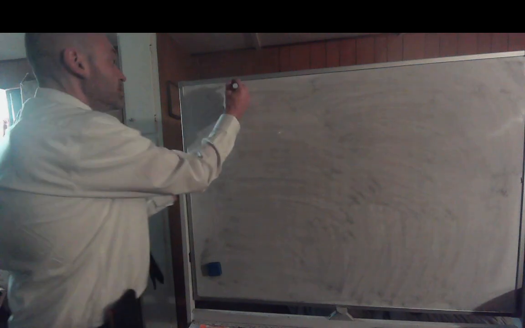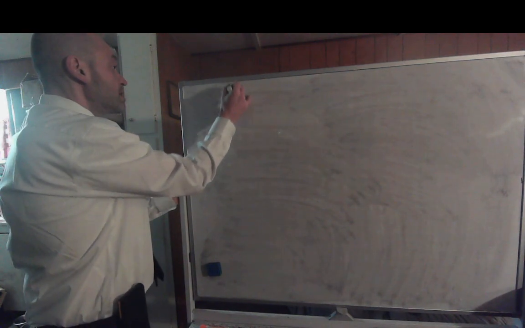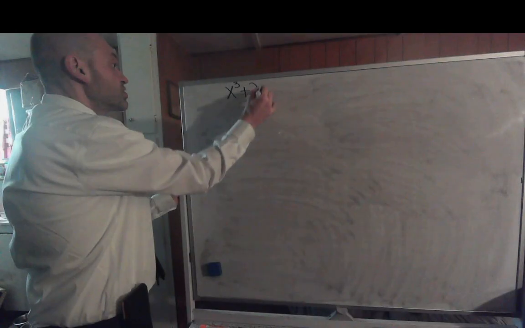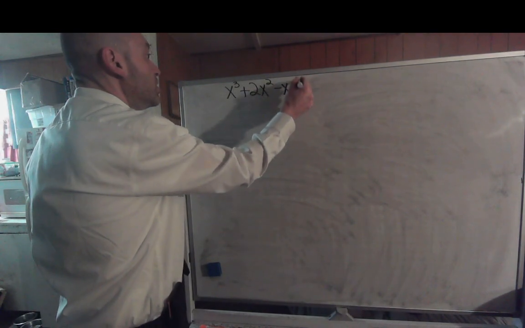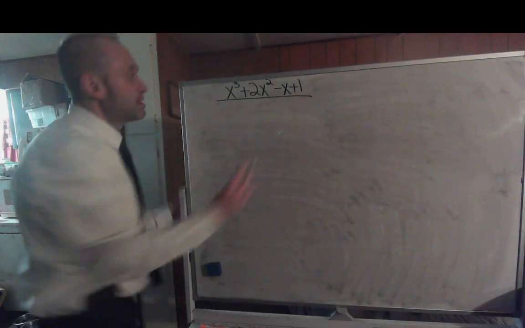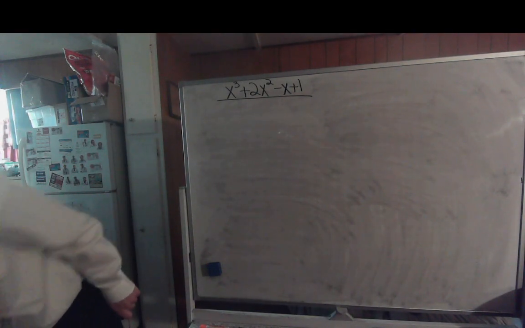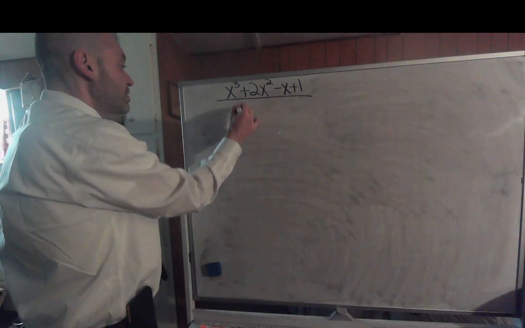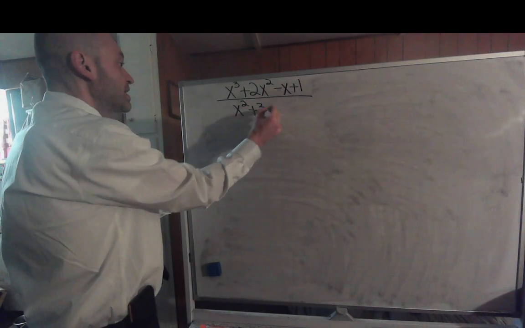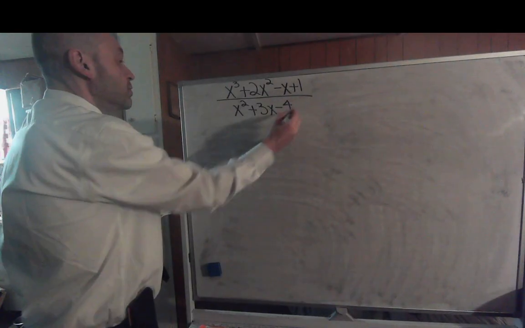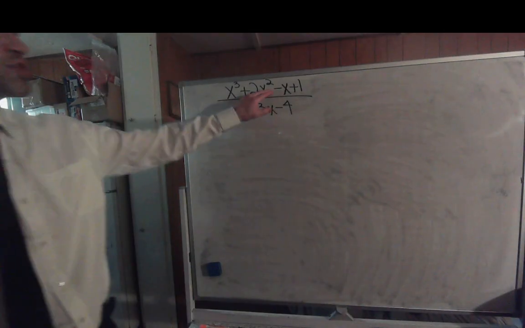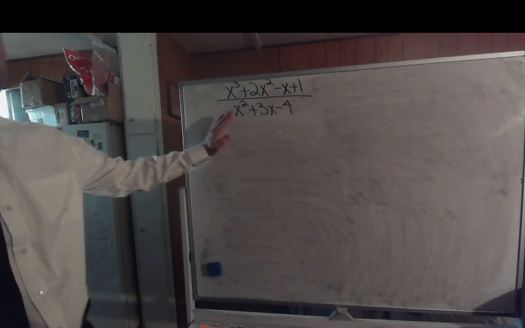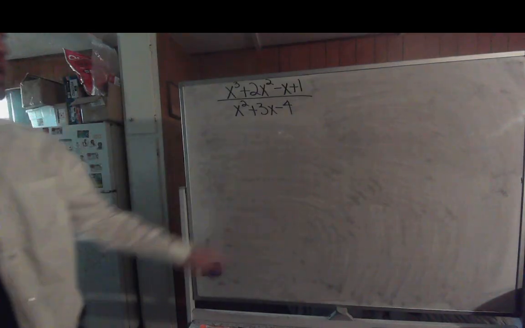x to the third plus 2x squared minus x plus 1, all that divided by x squared plus 3x minus 4. So I got x to the third plus 2x squared minus x plus 1 over x squared plus 3x minus 4.